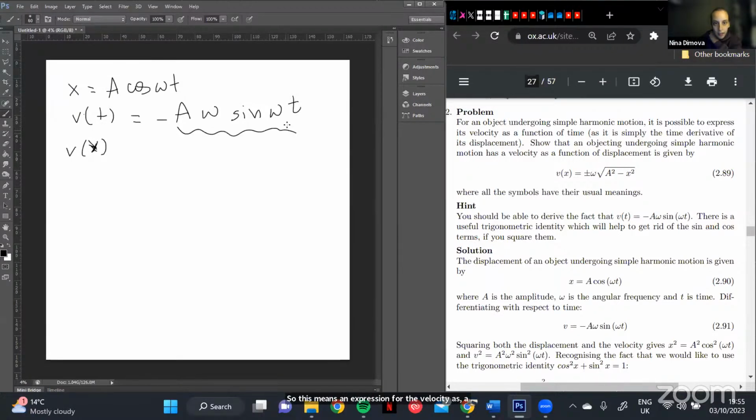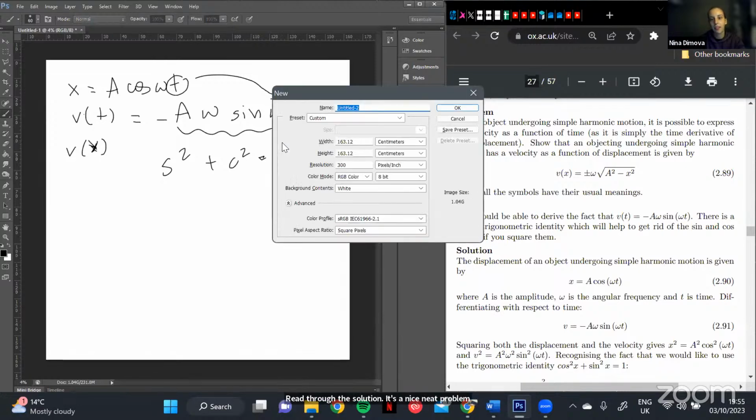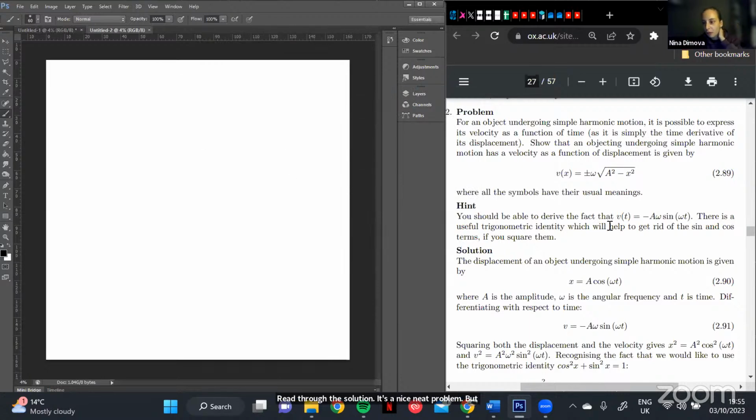If you look at this, what bothers you is the time. So what you would usually do is express t as a function of x to substitute here. But right now you have a cosine and a sine. So whenever you see something like that, sine squared plus cosine squared equals 1. So use that. Read through the solution. It's a nice, neat problem. But yeah, if it's not on the syllabus, maybe not for the path necessarily.